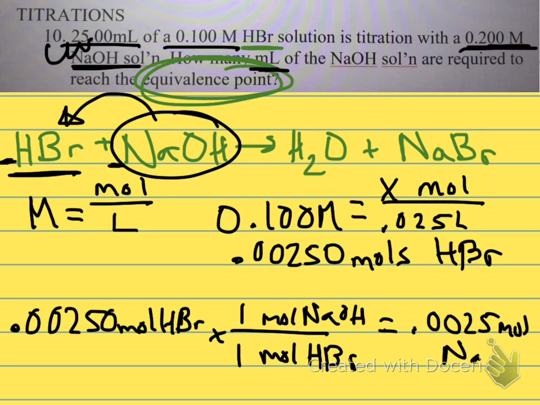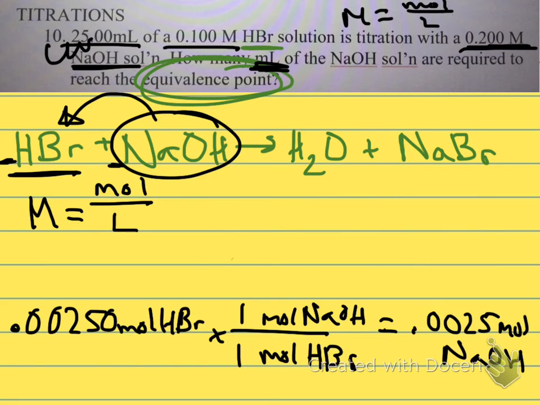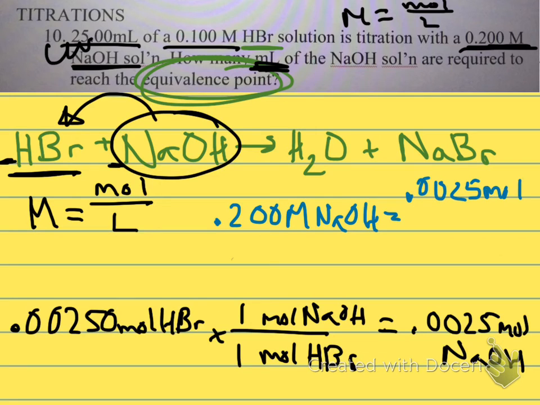And now that we have our moles of sodium hydroxide, we can figure out our milliliters using our molarity equation. Molarity equals moles over liter. So we're given 0.200 molar of NaOH, and that's going to equal our 0.0025 moles of NaOH all over our liters, our X liters, which is what we want to figure out.